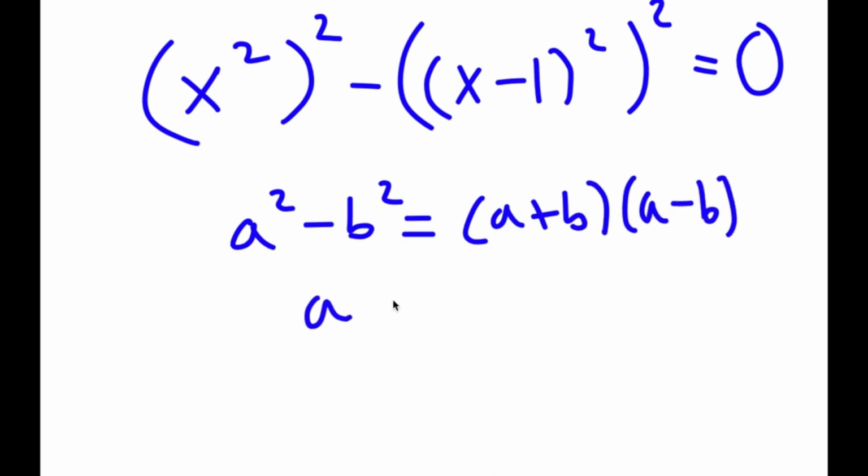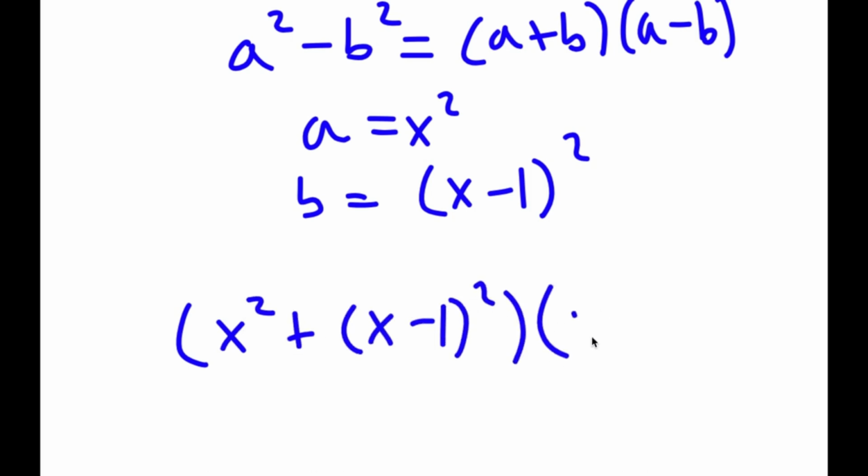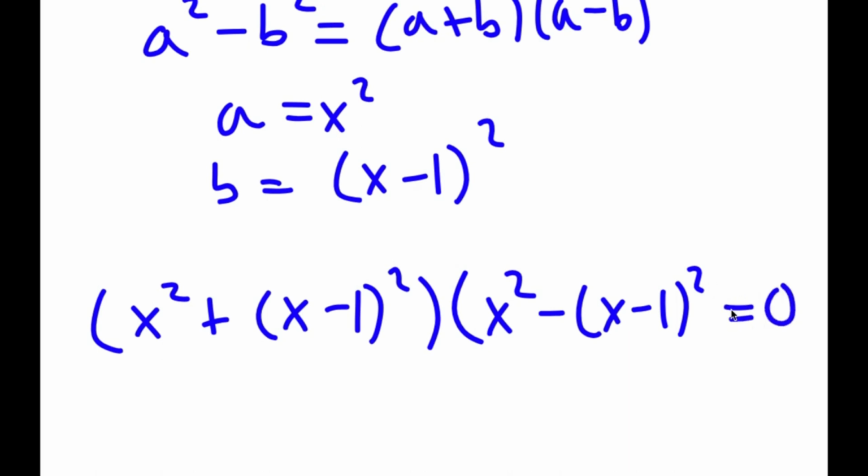So in this case, a is x squared, and b is (x - 1) squared. So now I have (x squared + (x - 1) squared) times (x squared - (x - 1) squared). This is equal to 0.